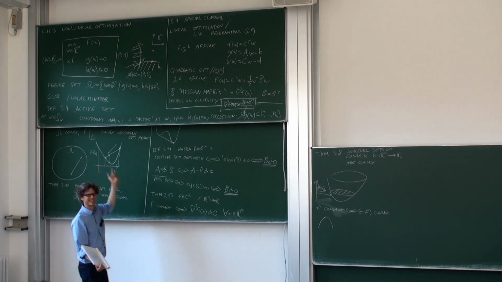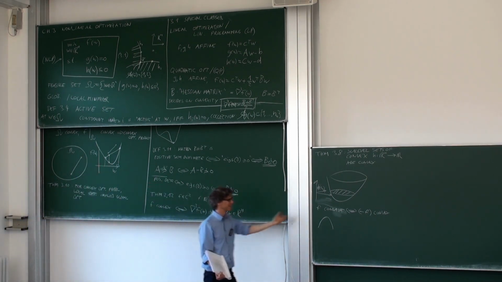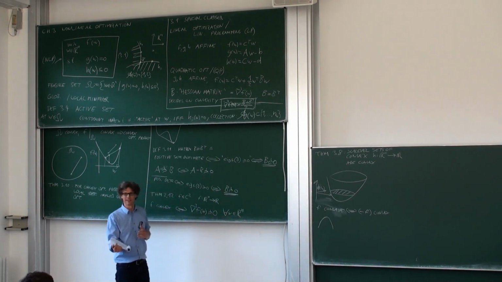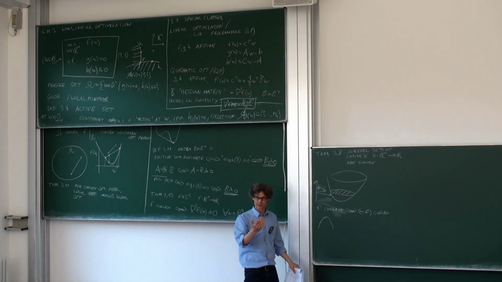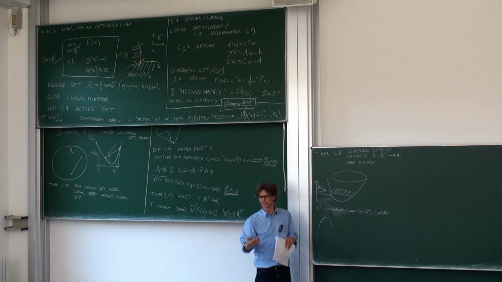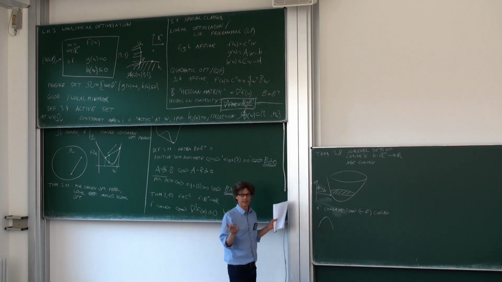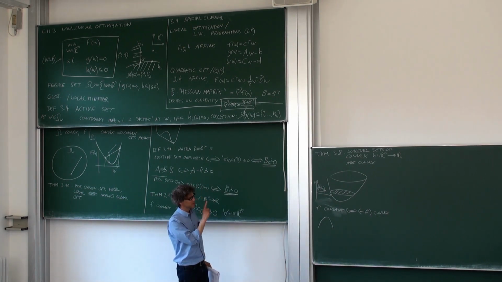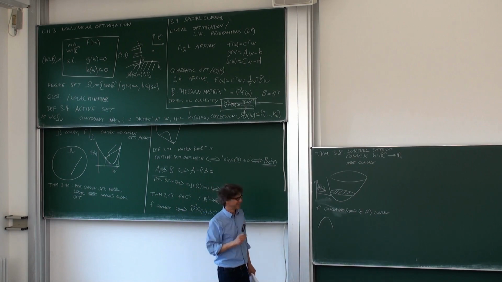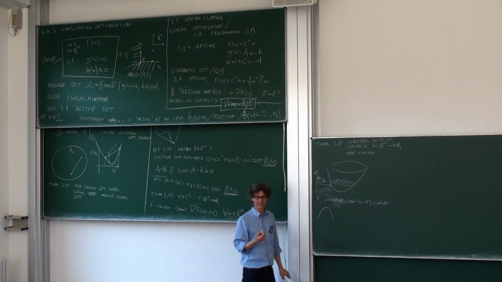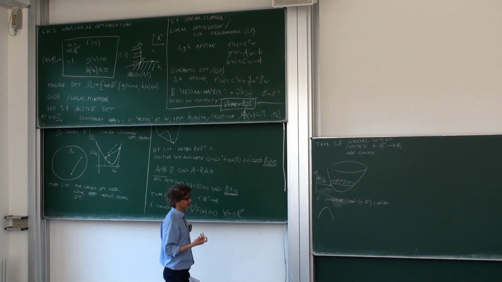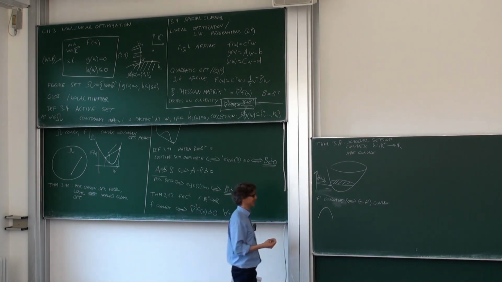Yeah? Concavity is something that a function can have, and sets are convex or not convex. A function can be convex, it can be concave, that's also as nice as convex, it's just the other direction. And then it can be nothing of the two. It can also be both. And that's actually an interesting thing. If a function is both convex and concave, then the function is affine. Yeah?